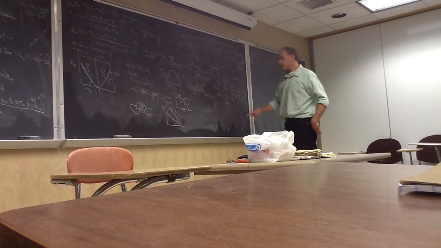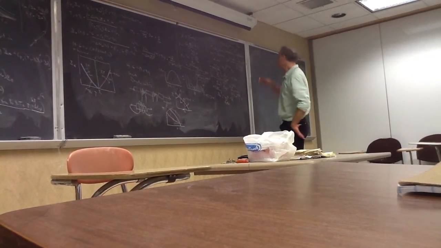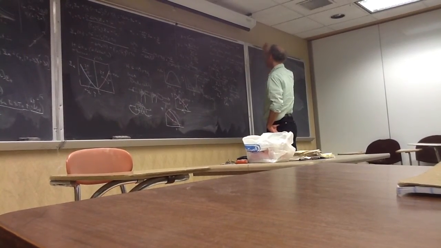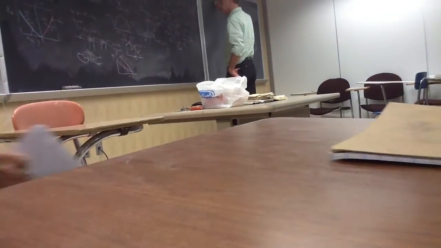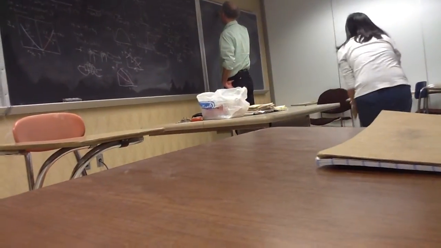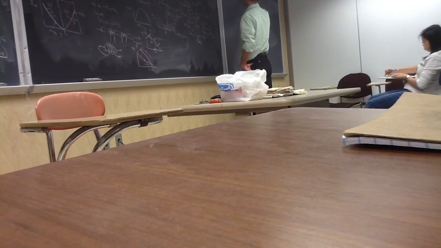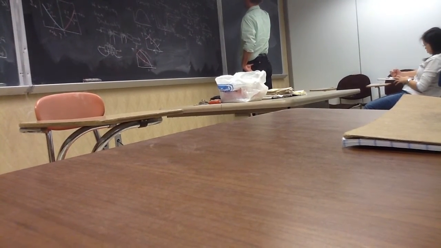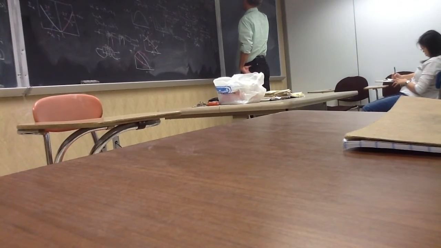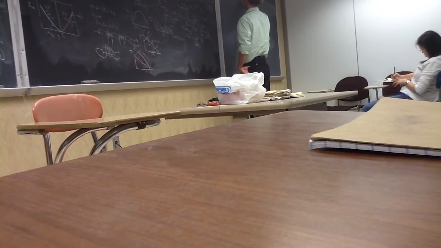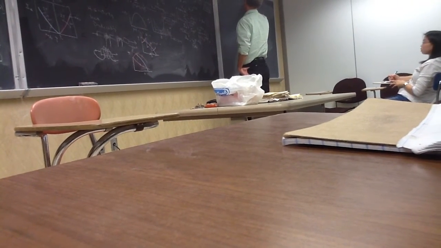And just for fun, I'm going to multiply by minus delta H. So I've got Cp times T minus T0 is equal to minus delta H R times K0 e to the minus E over RT tau divided by 1 plus K0 e to the minus E over RT tau.